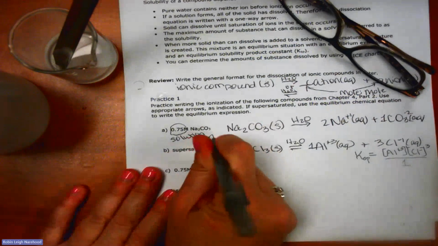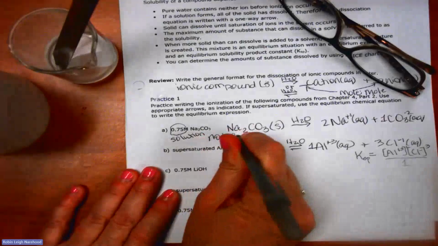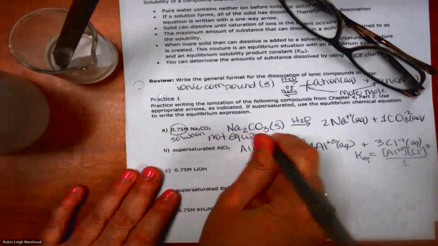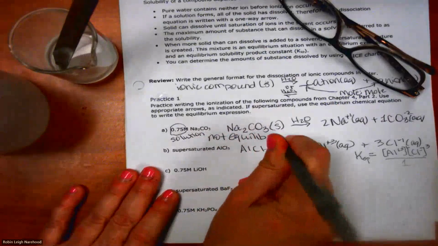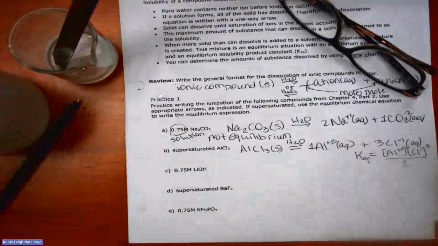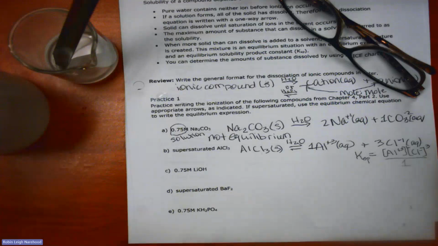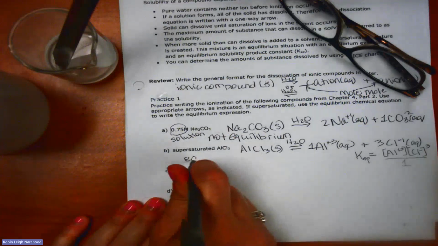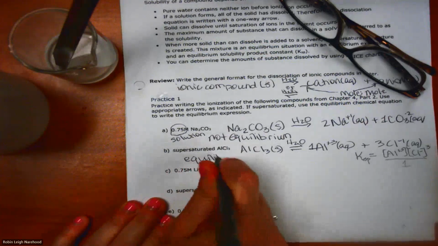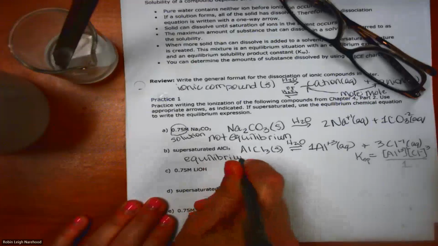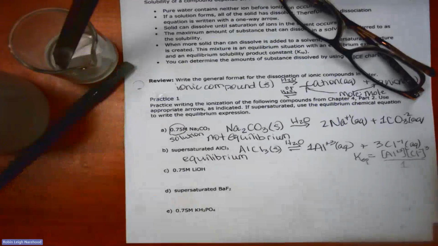It's going to be not equilibrium. So any of the ones that are not equilibrium, I want you to make a note to yourself that it's not equilibrium. If it is equilibrium, then we're going to do equilibrium. And anything that's equilibrium, that's going to trigger step 2, which is the expression.